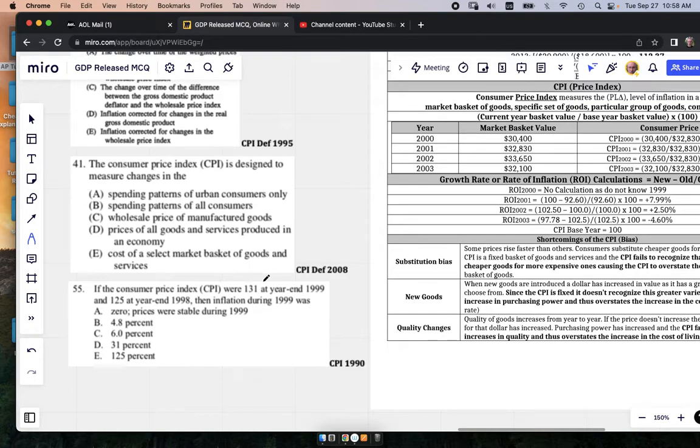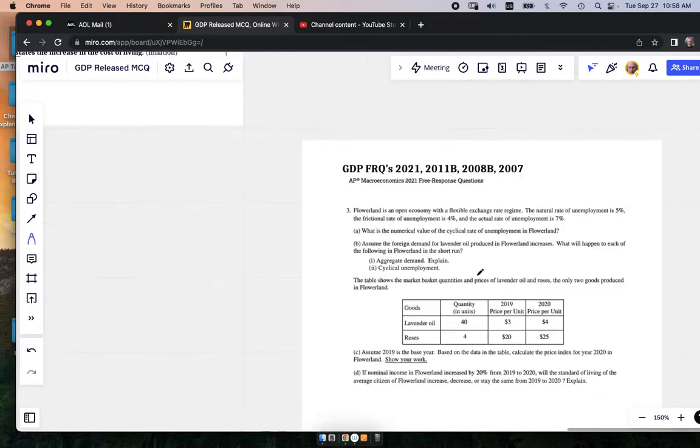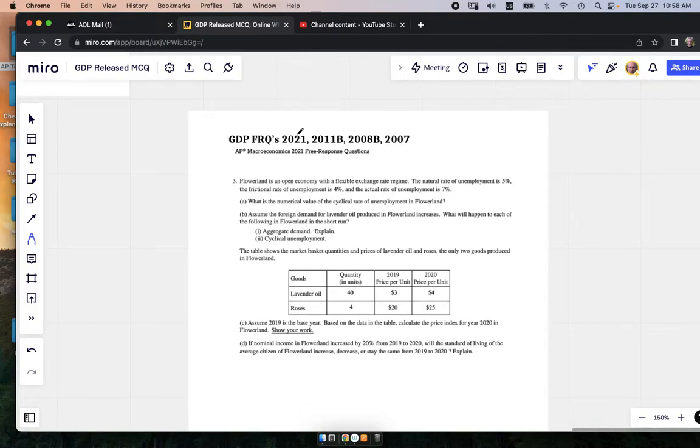There's only three, but there's a number of FRQs, and there's only one GDP FRQ, but there's probably four or five FRQs for CPI, four that I know of, and I've got a couple other ones from different places that are younger than that. You should definitely do all of them to get a good sense of it. We're going to do a couple of them just to make sure you understand what's going on.